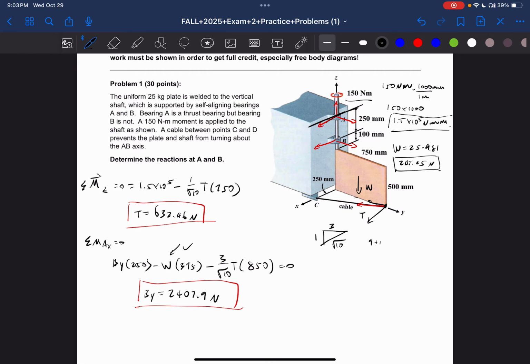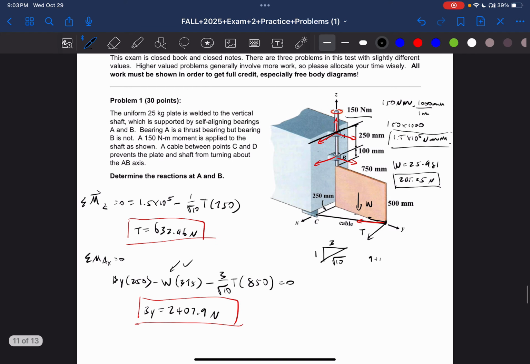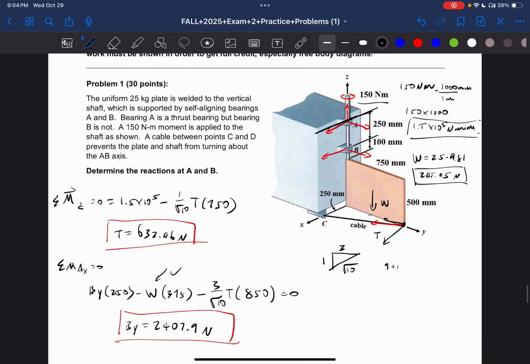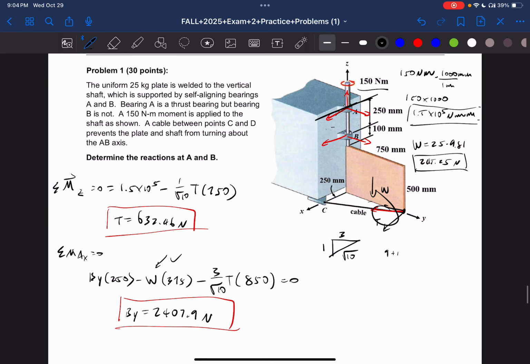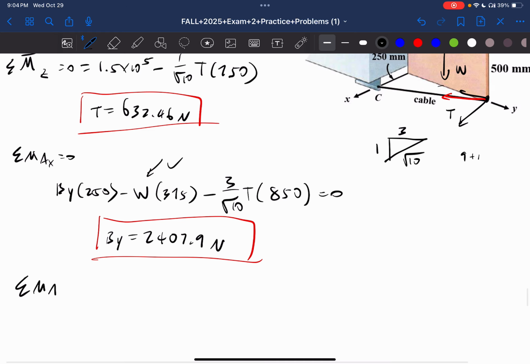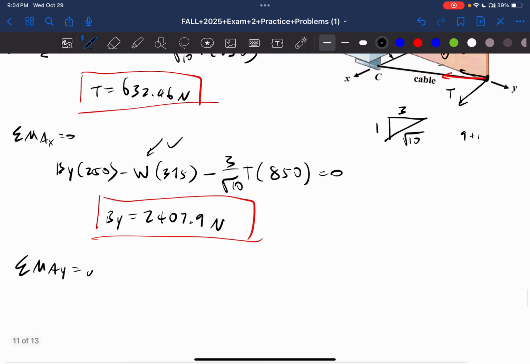Let's do a moment at A in the y direction. So we're just going to have this and this one right here, I think. I think I said I wanted to do this earlier.